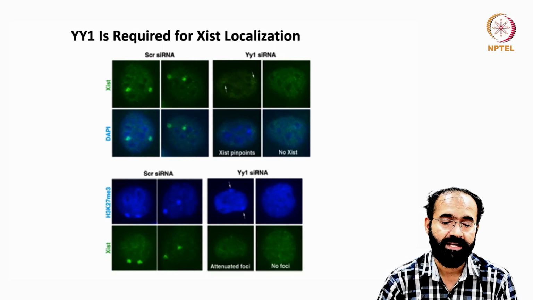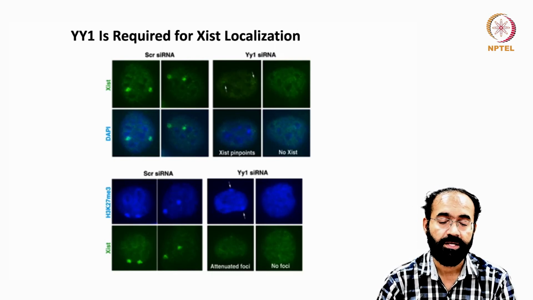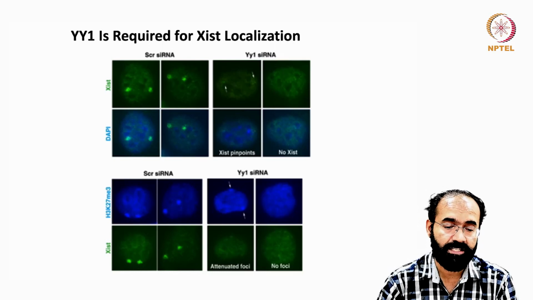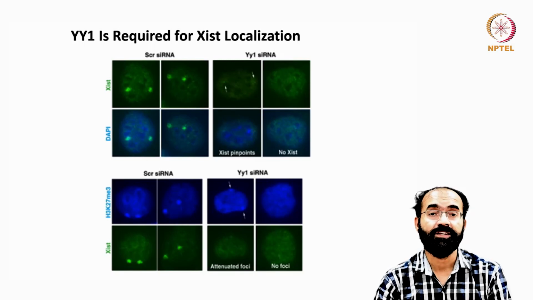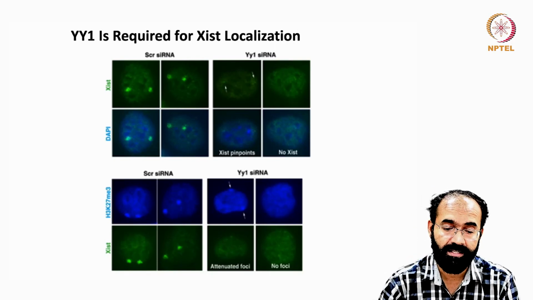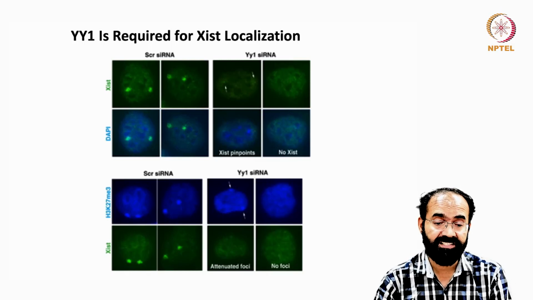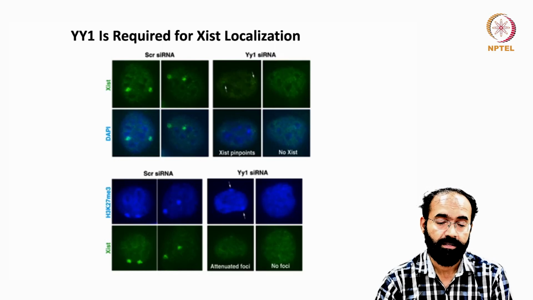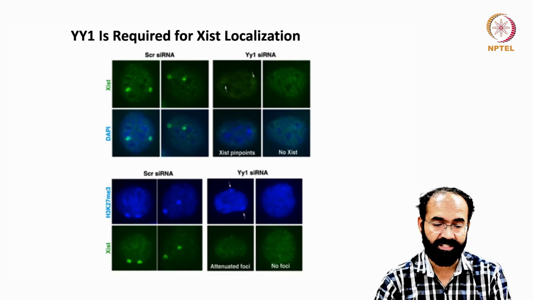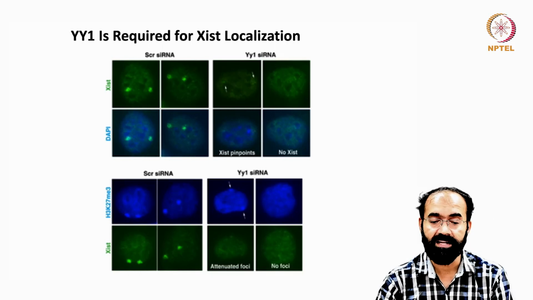So you can see when you use scrambled siRNA, you are having H3K27 methylation present normally, whereas if you have YY1 siRNA, you lose this H3K27 methylation. And Xist staining, if you are doing in scrambled siRNA, both Xist are present, but if you get rid of the YY1 in the YY1 siRNA one, you do not have the Xist RNA present.